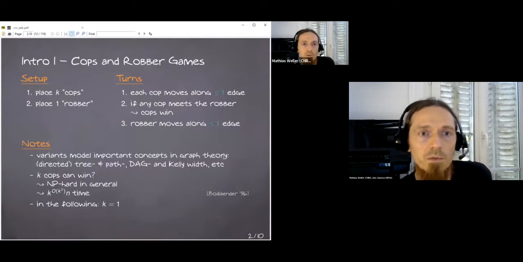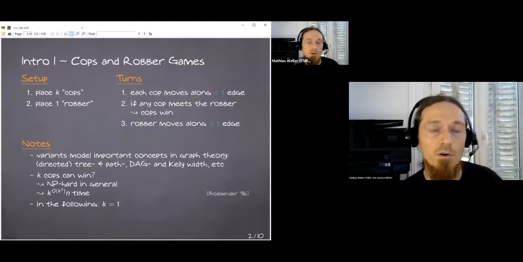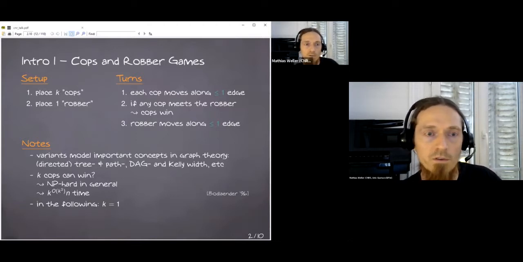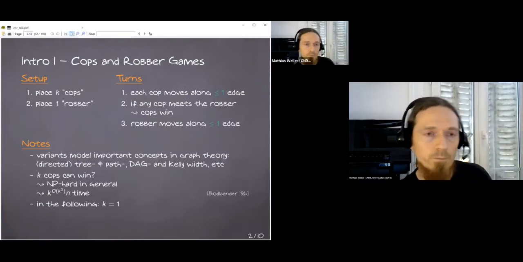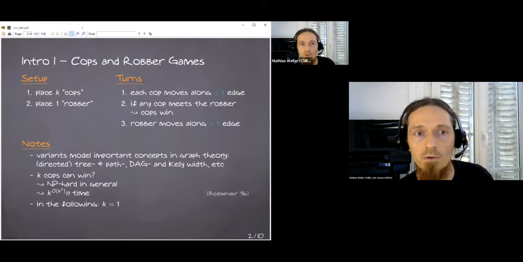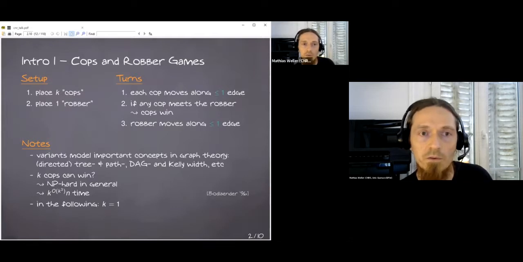Why is that interesting? Because in static graph theory, this models a lot of important and successful parameters, such as tree and path width. And whenever we're talking about a decision problem of this game, because for now it's just a game, we say the decision problem is: given a graph, can k cops secure a win on this particular graph?